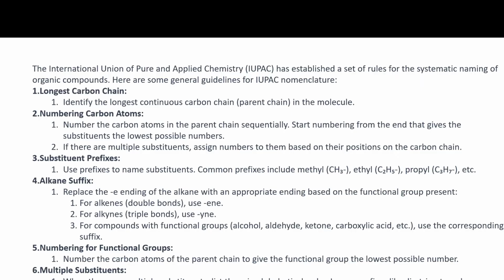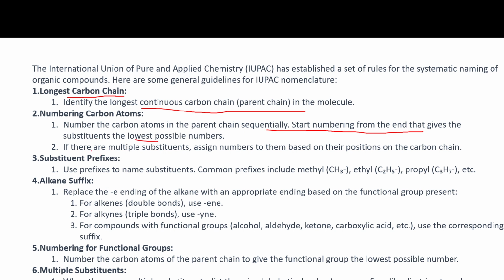So what is the rule of this IUPAC nomenclature? I am writing here. In IUPAC nomenclature, we have to find out the longest carbon chain. First we have to find out which chain is the longest one. Then we have to number the carbon atoms in the chain sequentially, starting from the end that gives the substituent the lowest possible number.